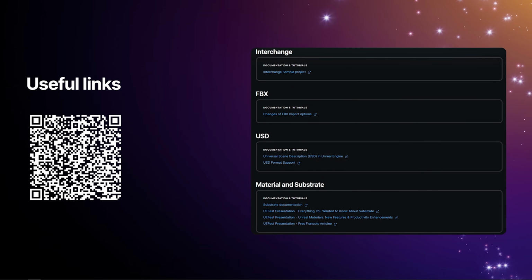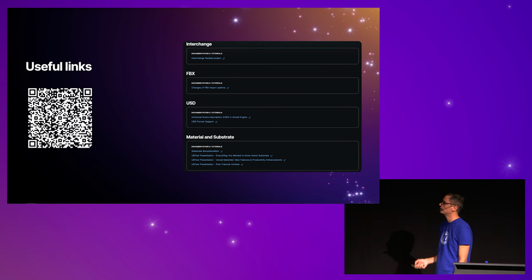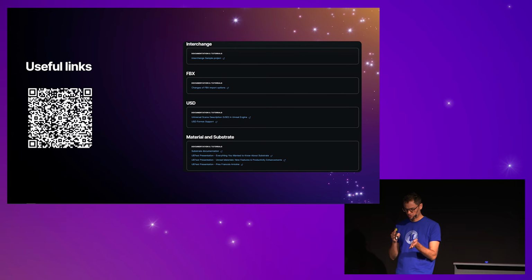If you want to start using Interchange and see the breadth of what you can do with it, I would recommend that. There's a link for the FBX, as I mentioned earlier, to show what has changed between legacy and Interchange in the dialog UI, so you can quickly track which settings have changed.